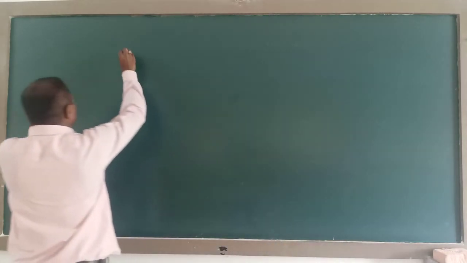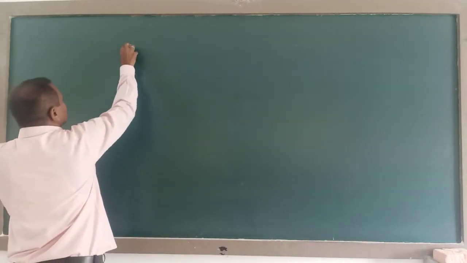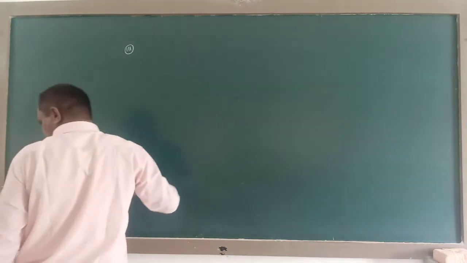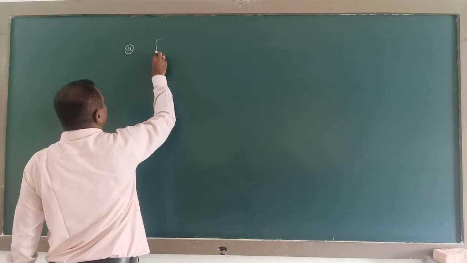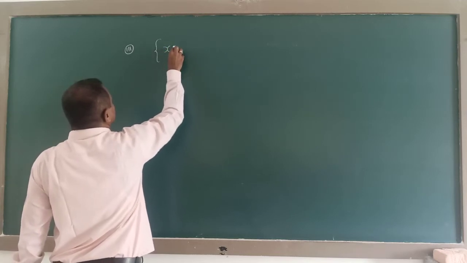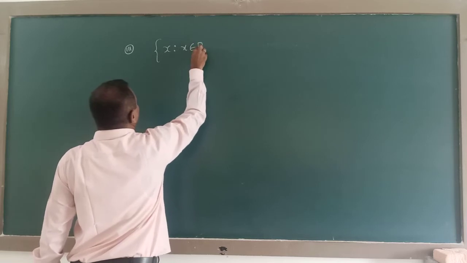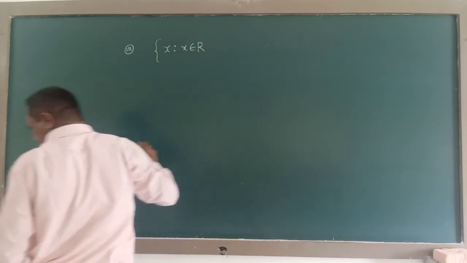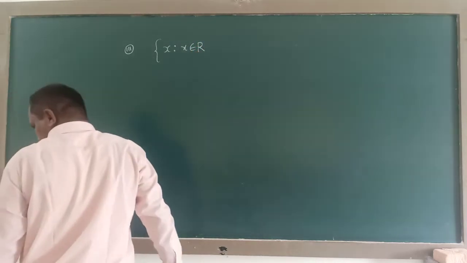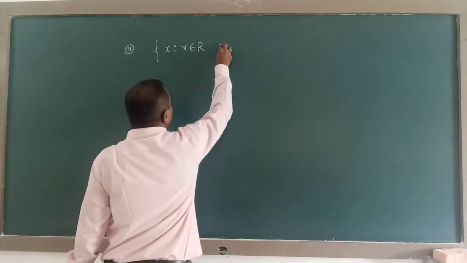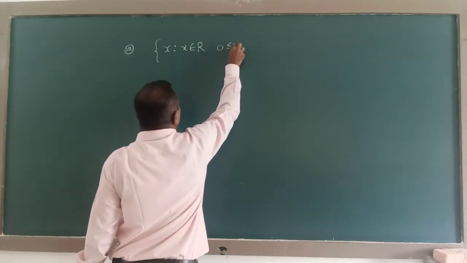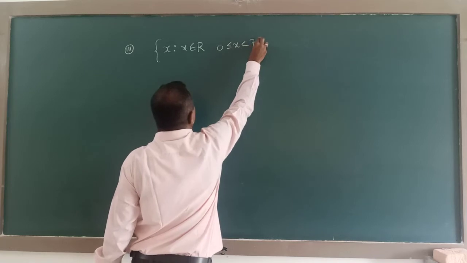The third question is: x is such that x belongs to capital R, 0 is less than or equal to x is less than 7.